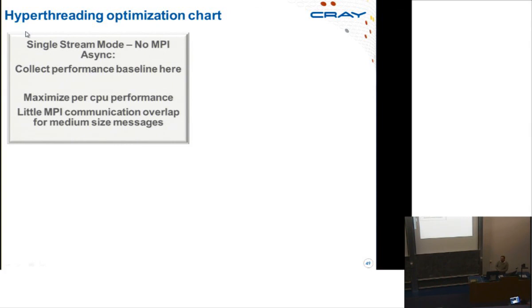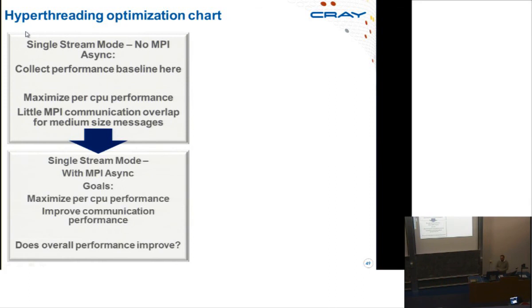Start by running your application with no asynchronous progress engines and only in single stream mode, so using one CPU per compute unit. This is your baseline, and it maximizes the available CPU performance. So it means that you've got the maximum single serial performance you're going to get out of the application, but you're sacrificing MPI overlap.